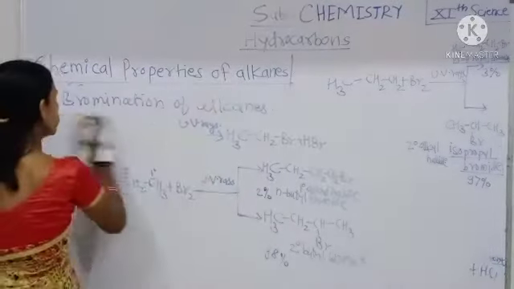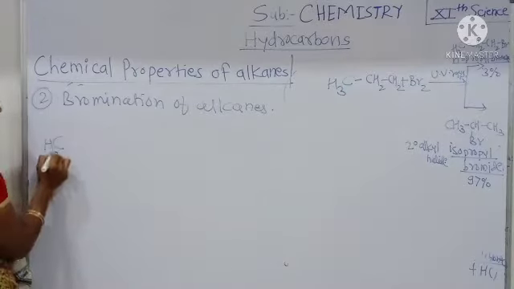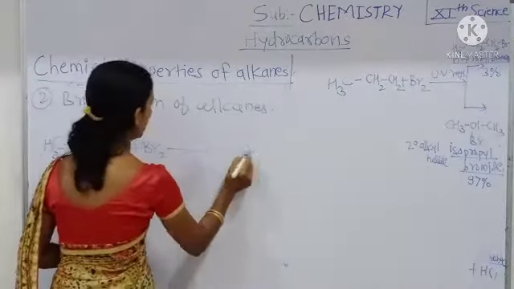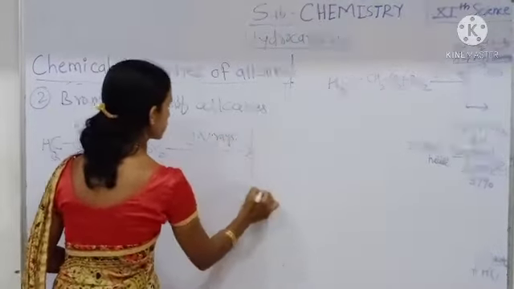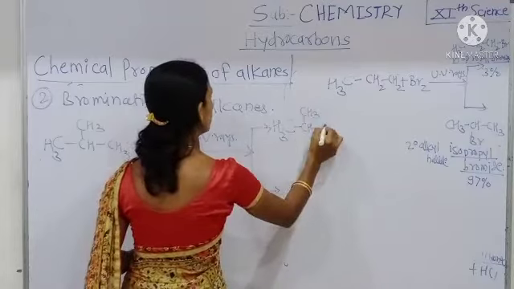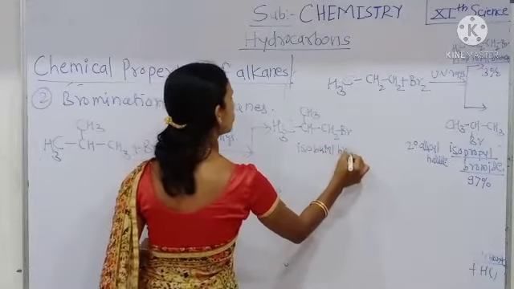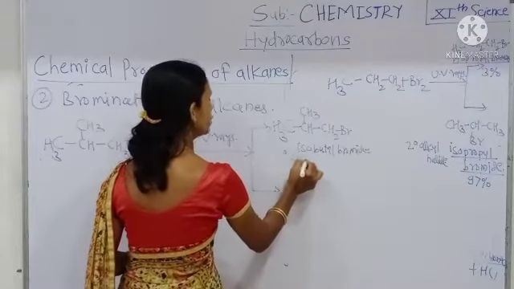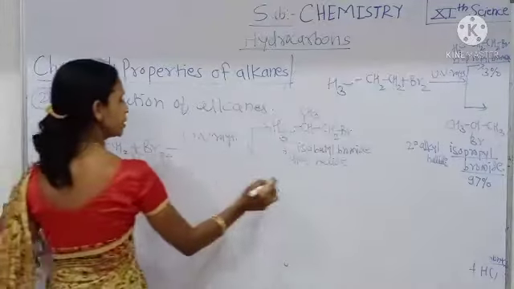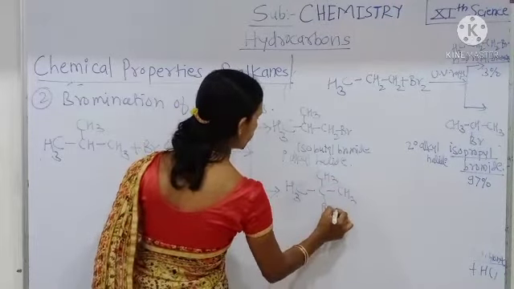Similarly, bromination of isobutane takes place to give two different types of alkyl halides in the presence of UV rays: a primary alkyl bromide, that is isobutyl bromide, and when hydrogen of the tertiary carbon atom is replaced, it gives tertiary butyl bromide.